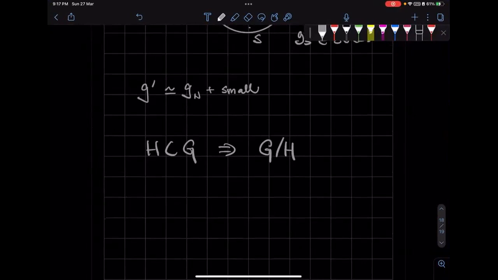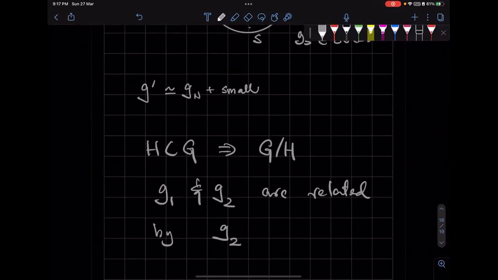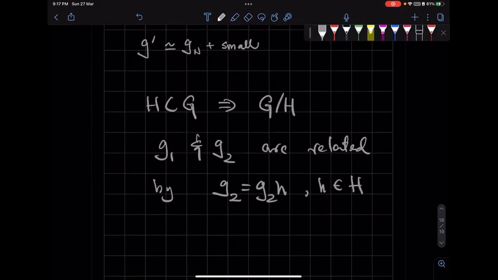So if G1 and G2 are related by G1 is equal to G2 H, with H in the subgroup, then we say that G1 and G2 belong to the same coset, right?